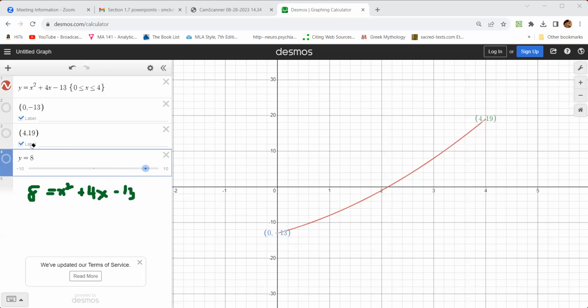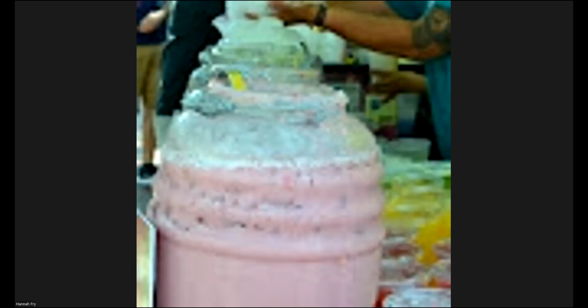Now, why is it restricted? Because they told us in the problem that you're doing, let me stop sharing temporarily and go back to my other view.